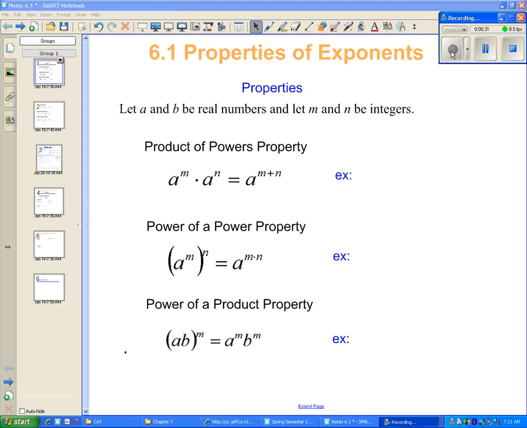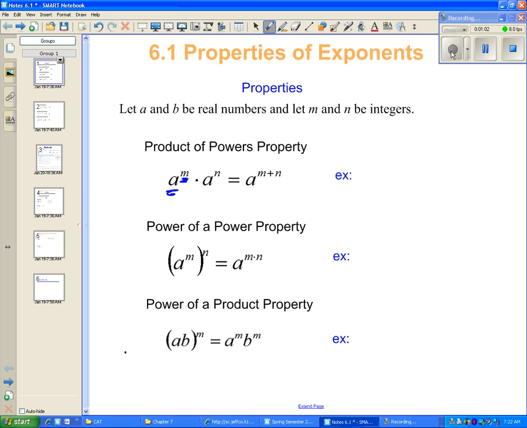Let A and B be real numbers, and let M and N be integers, so positive and negative whole numbers. Properties, product of powers property. When I multiply two numbers and my base is the same, let's talk about powers real quick. Remember, A is my base, M is my exponent.